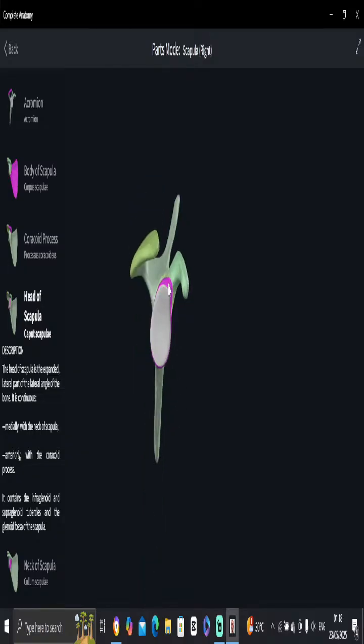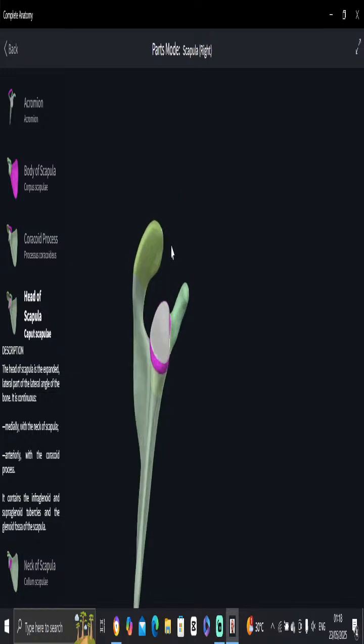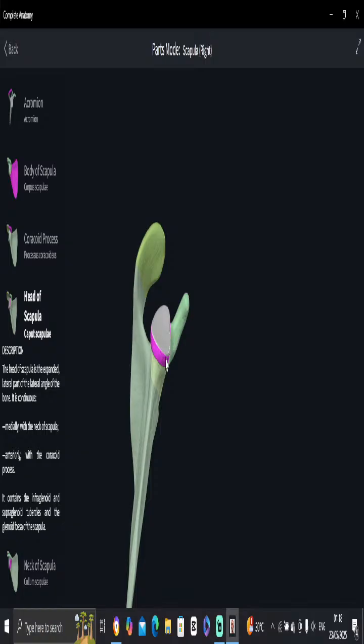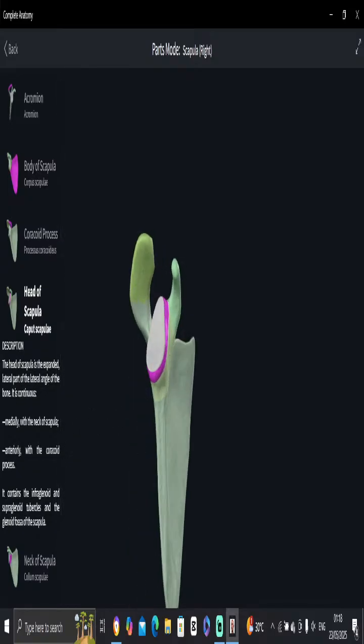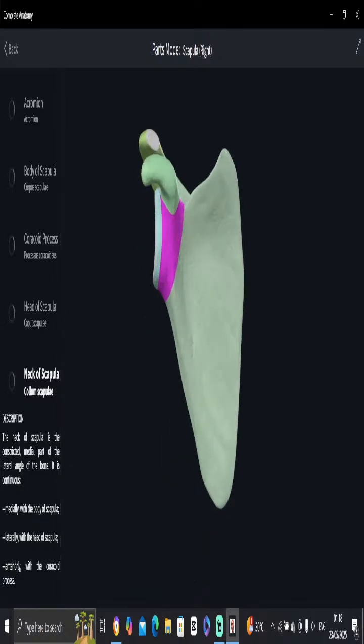So if the supraglenoid tubercle is above, that means the infraglenoid tubercle will be below. So the infraglenoid tubercle is the point of origin of the long head of triceps muscle. So that's for the head of the scapula.